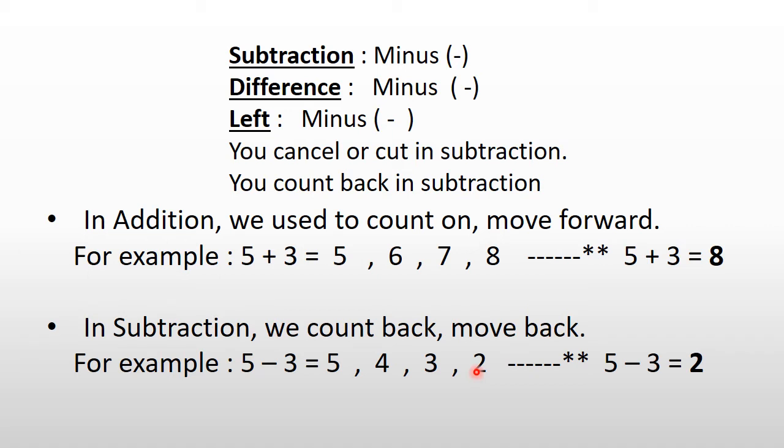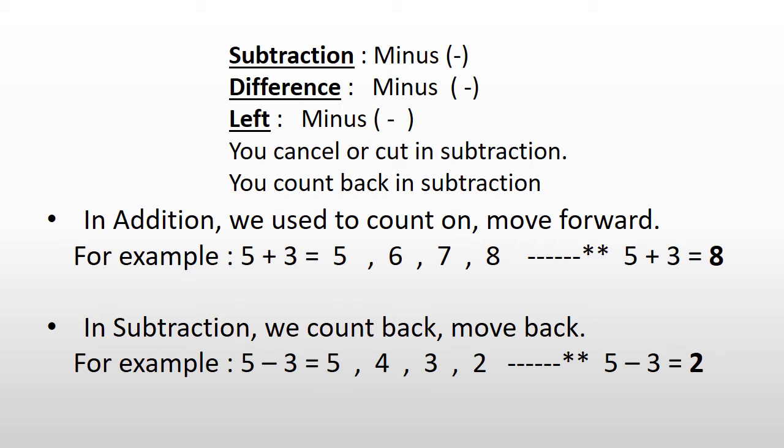So what is my answer? 2. 5 minus 3 is 2. So in addition, you used to move forward, you used to count on. And in subtraction, you move back. That is, you count back. You actually count back in subtraction, or you cancel or cut in subtraction.